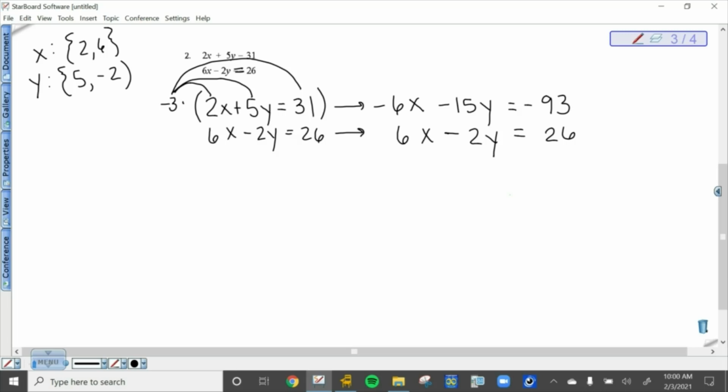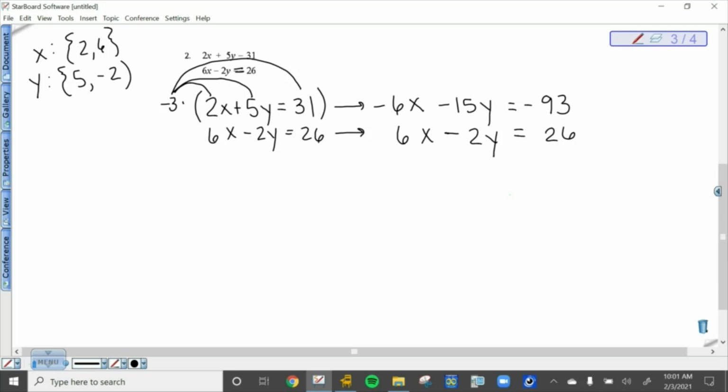So we just took care of the first step. We multiplied one of the equations so that one of our variables' coefficient sets are additive inverses. My x now has a coefficient set that are additive inverses: negative 6, positive 6, equal with opposite signs.